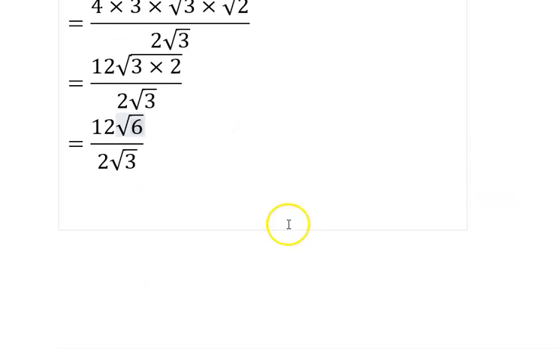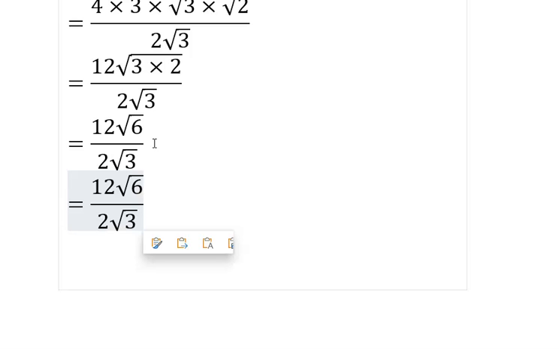Now let's apply one of our rules, because this can divide as well. 12 divided by 2 will give us 6.